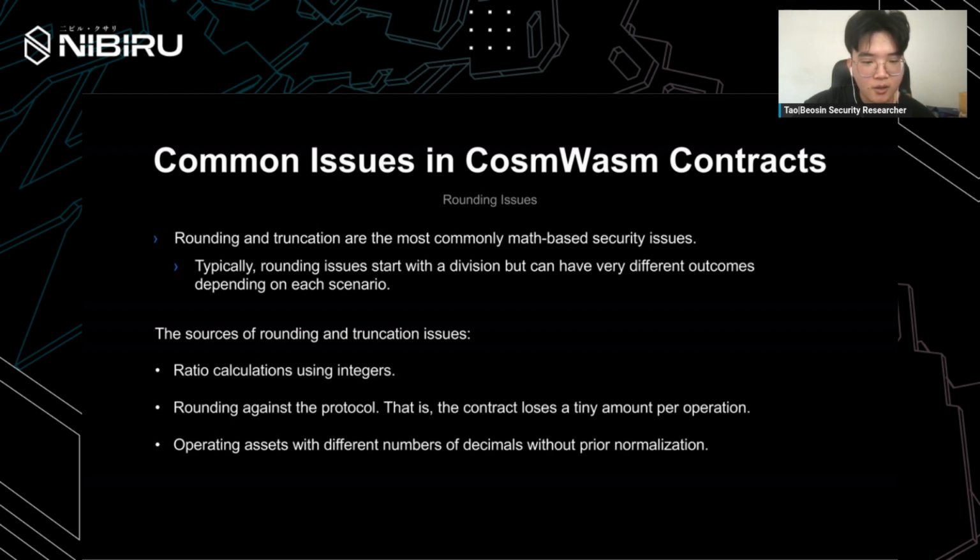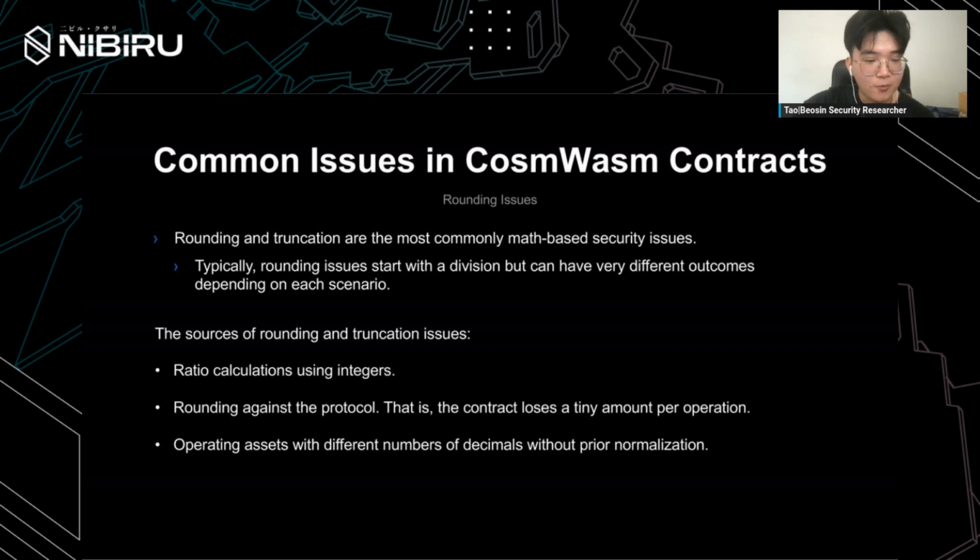That is, the contract loses a tiny amount of some crypto assets per operation, and that would cause a validation error or a liquidation error. This matters especially when your projects are lending protocols or similar.